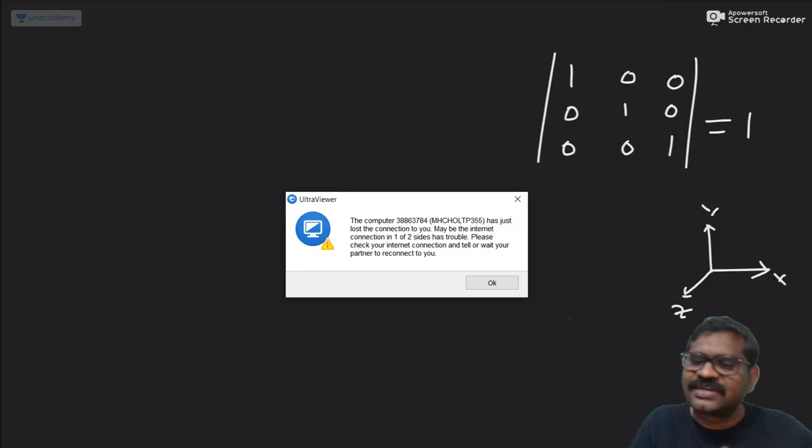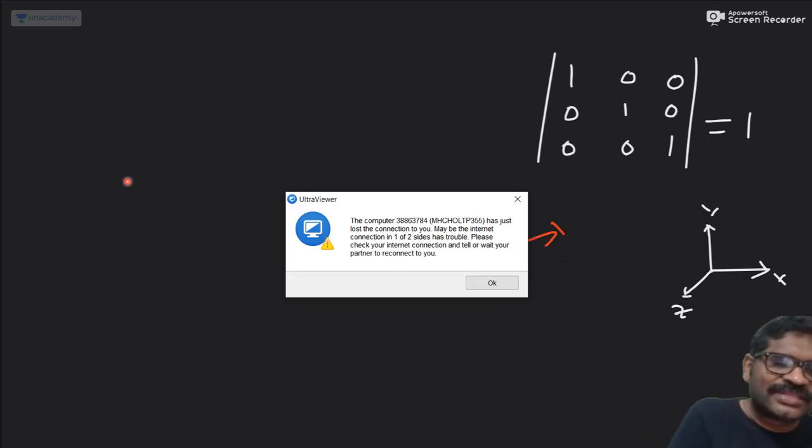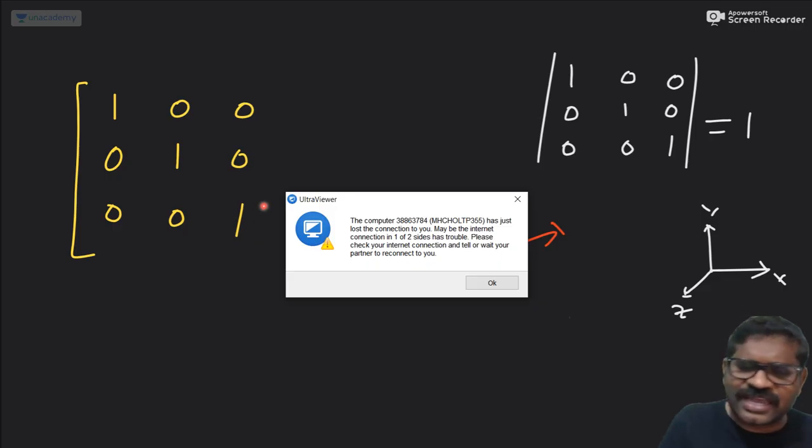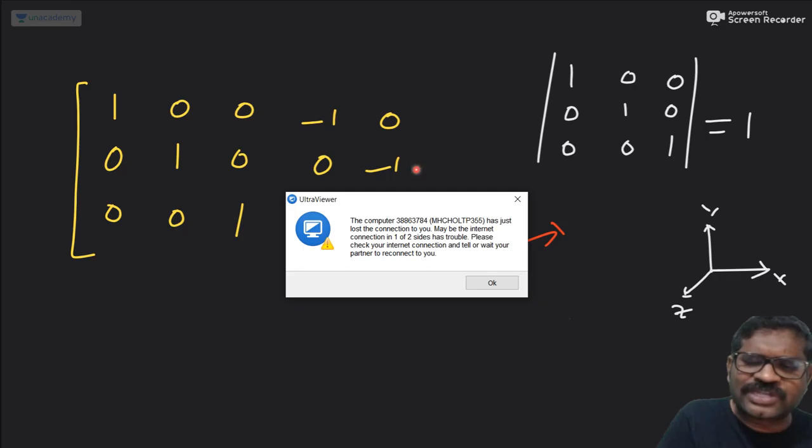Mr. Akhtar, I have given an example here. Three vectors I have given. If you write in a matrix: 1 0 0, 0 1 0, 0 0 1, the next three vectors are minus 1 0 0, 0 minus 1 0, 0 0 minus 1.